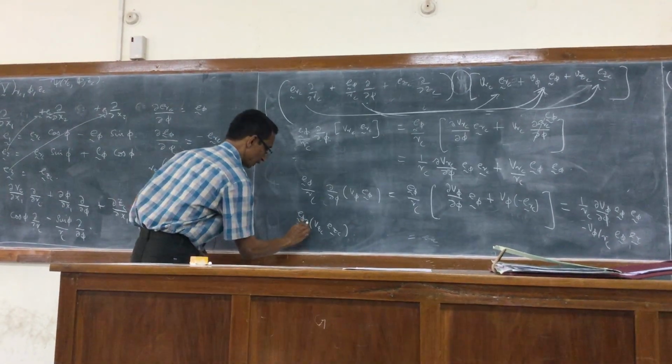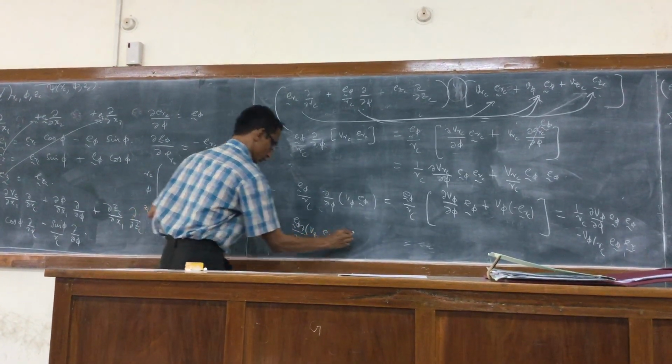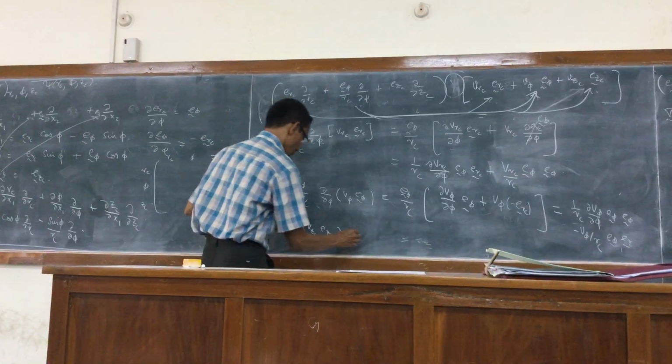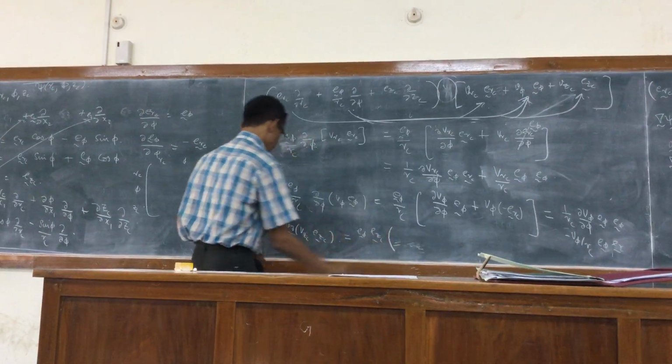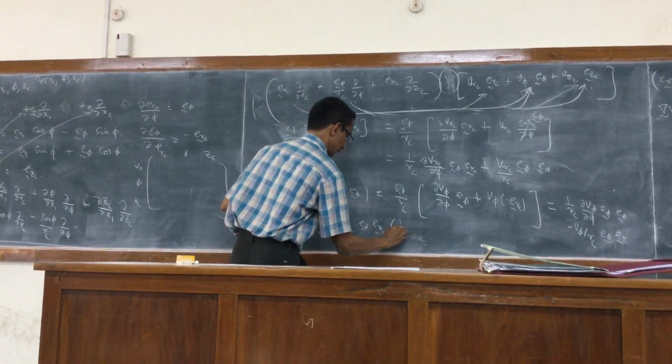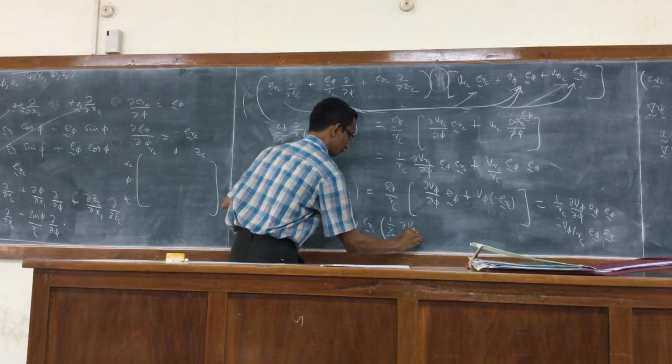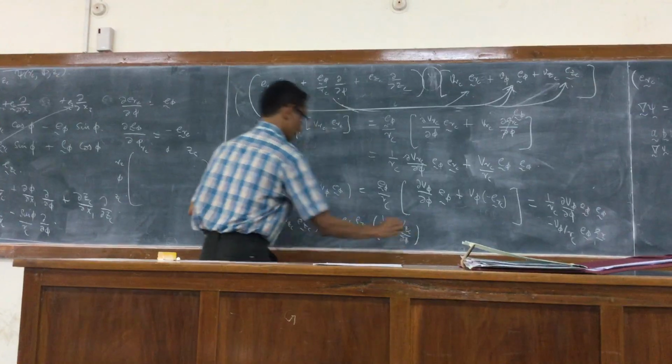I'm sorry, E by E5 is going to give me component E5 EZC, and that would be multiplied by 1 over RC dBzc by d phi. Right?